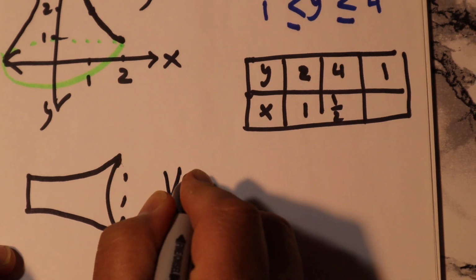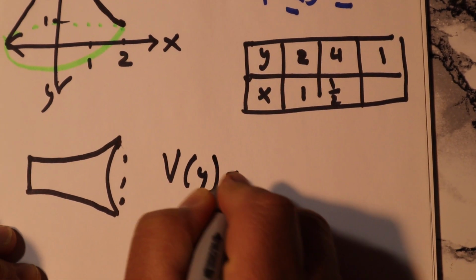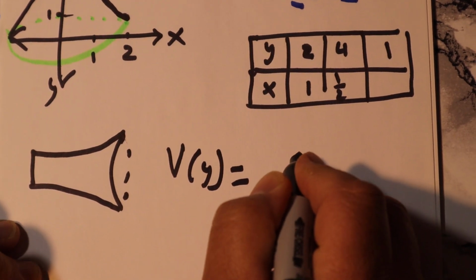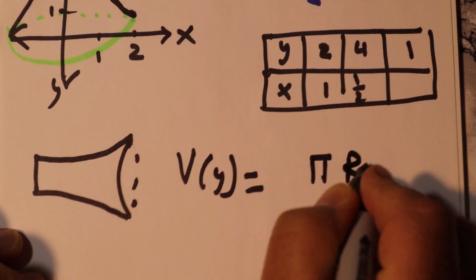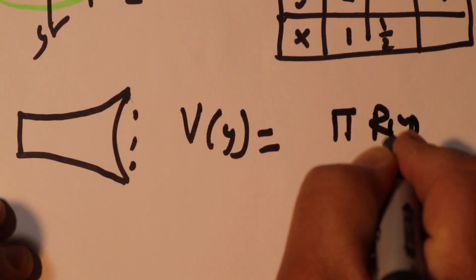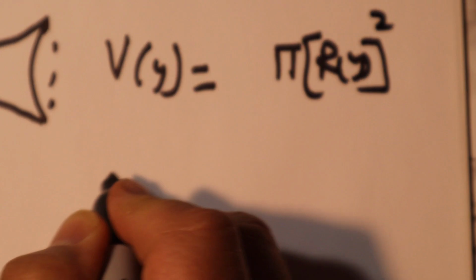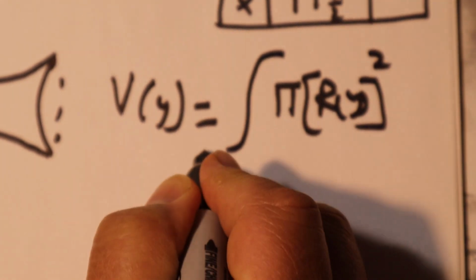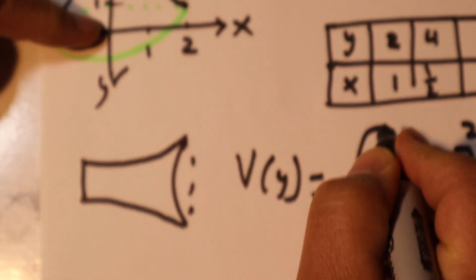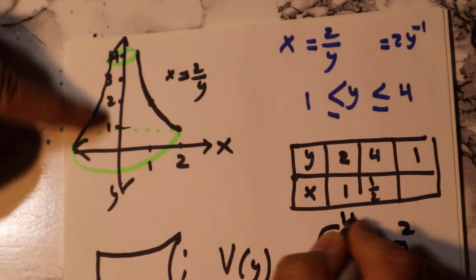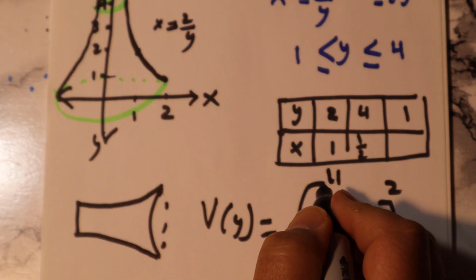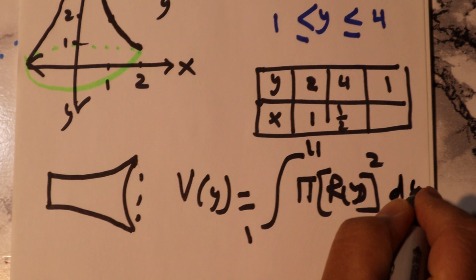So the volume of y, we do pi r squared from 1 to 4. We spin it from 1 to 4 with respect to y.